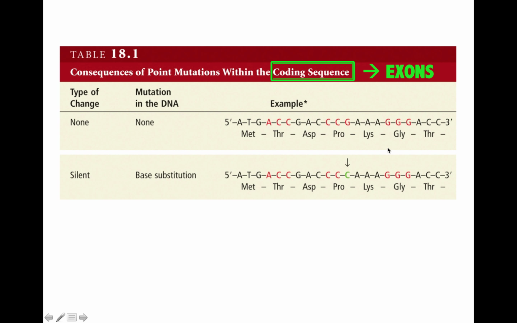A silent mutation would change a nucleotide from a G to a C without any changes in the amino acid sequence. So CCG and CCC both encode proline. Remember, the last nucleotide of a codon is often referred to as the wobble base. So frequently, if you change the 3rd nucleotide of a codon, you're not going to change the amino acid that is encoded by that codon.